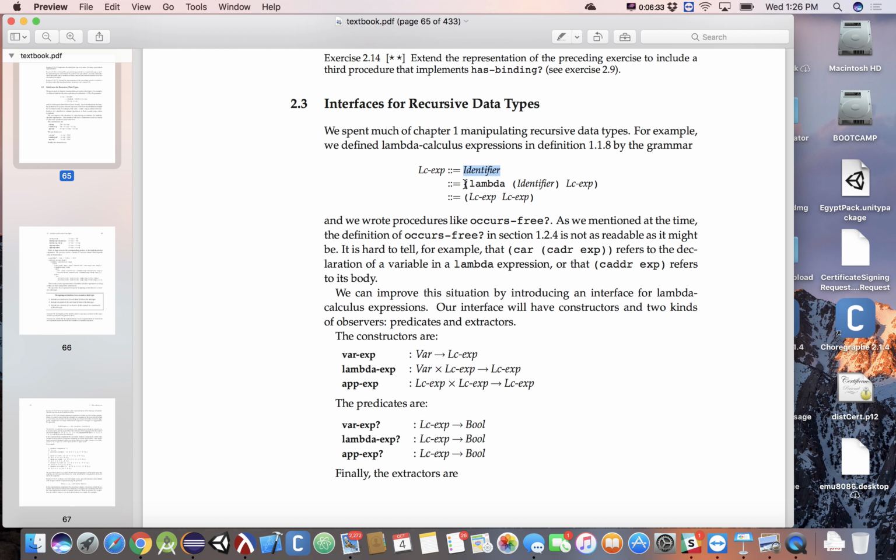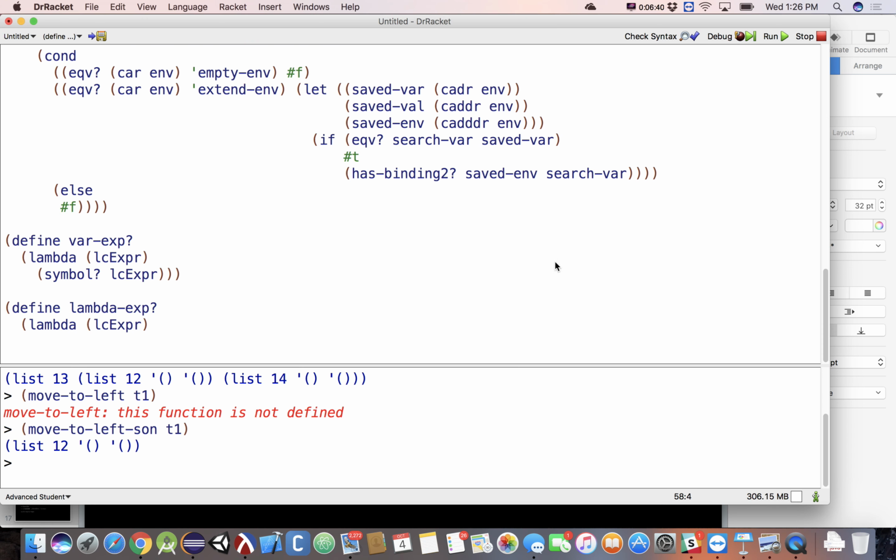So we need to find out, is it a list? Is it a list whose car is a lambda? Start with just those pieces. All right, so we're going to return list Elsi expression. That's one thing, right?